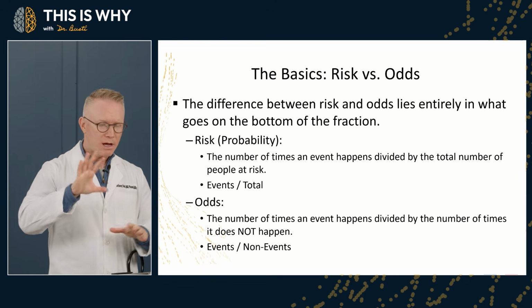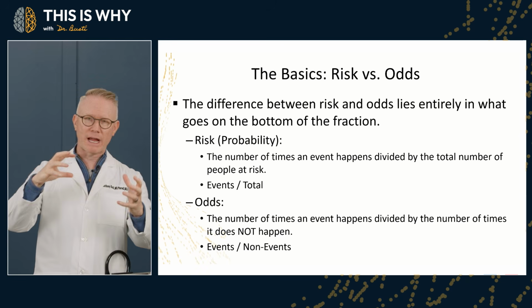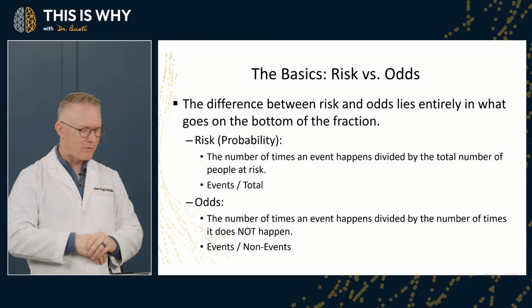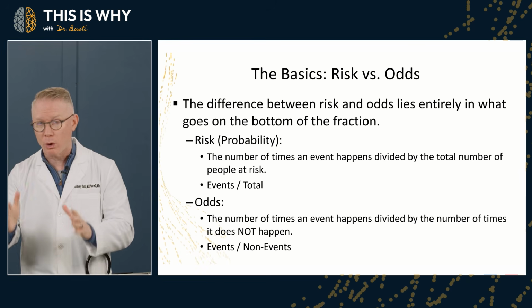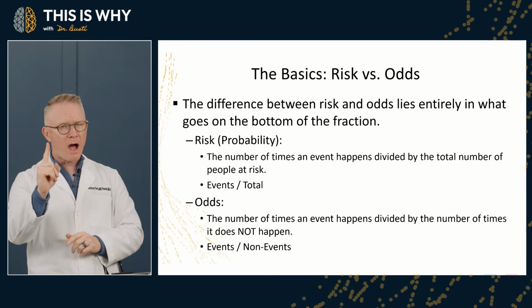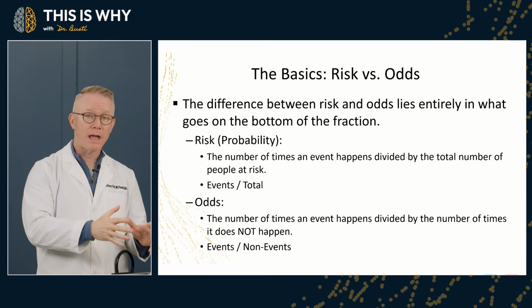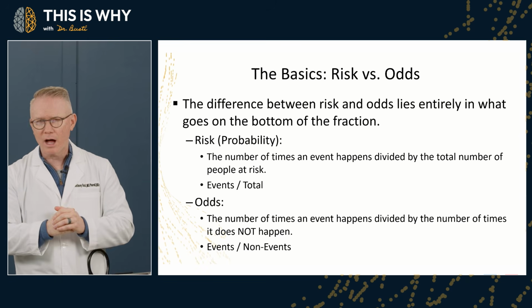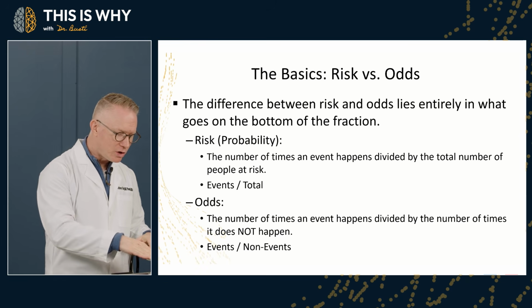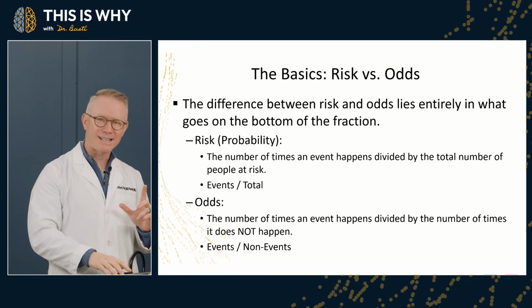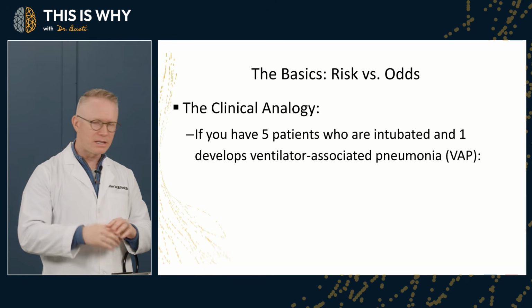I'm just trying to integrate concepts where it matters, but stay focused. So risk is events divided by the total at risk, whereas odds are the number of events divided by the non-events, okay? So the denominator context is the difference.